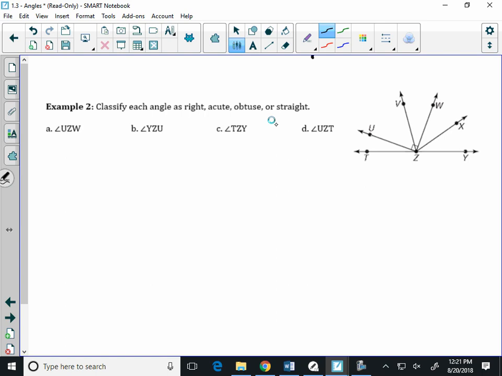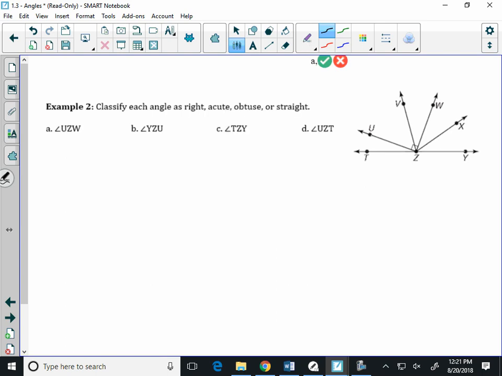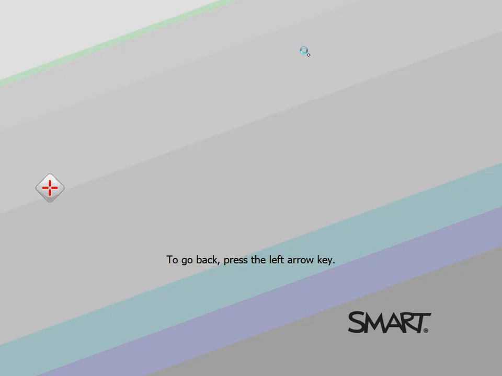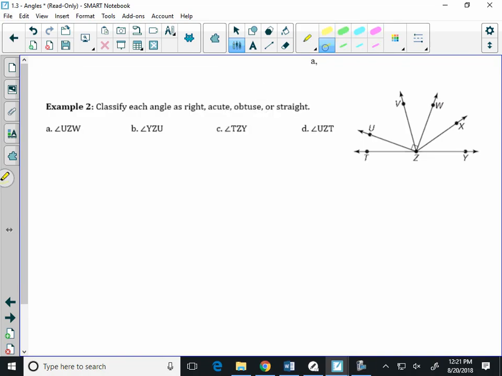I'm going to highlight the angle. I'm going to start at U, then go to the next letter, Z, then go to the next letter, W.